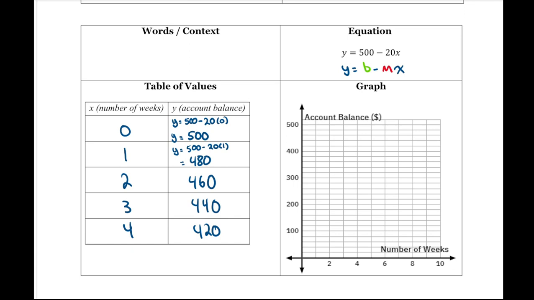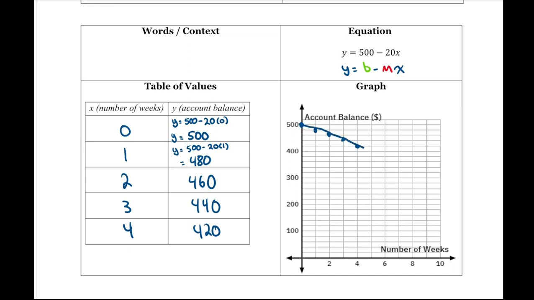With this now, I can graph it. So at 0, I start at 500, and again, you might have been able to figure that out anyways from the b value. At 1, I'm at 480. At 2, I'm at 460, 440, 420. So we have it a little bit shorter.